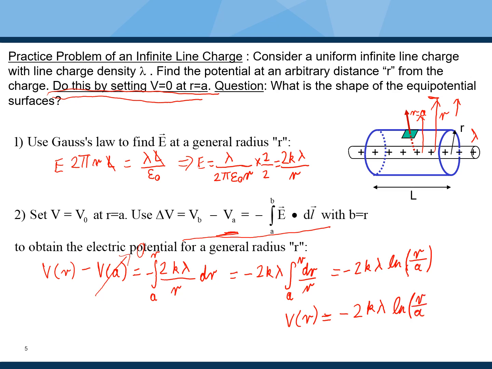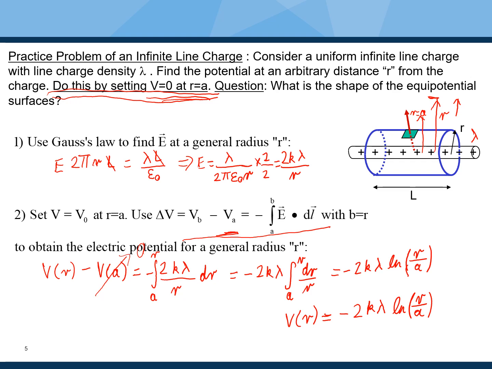Okay, so this tells us how to obtain the potential at any radial location given the potential at a specific radial point. And we need that because we're dealing with essentially an infinite line of charge.